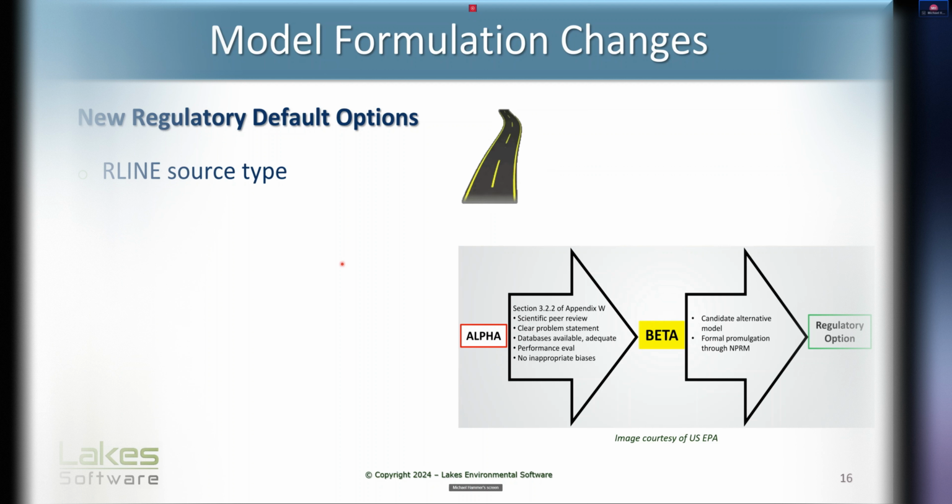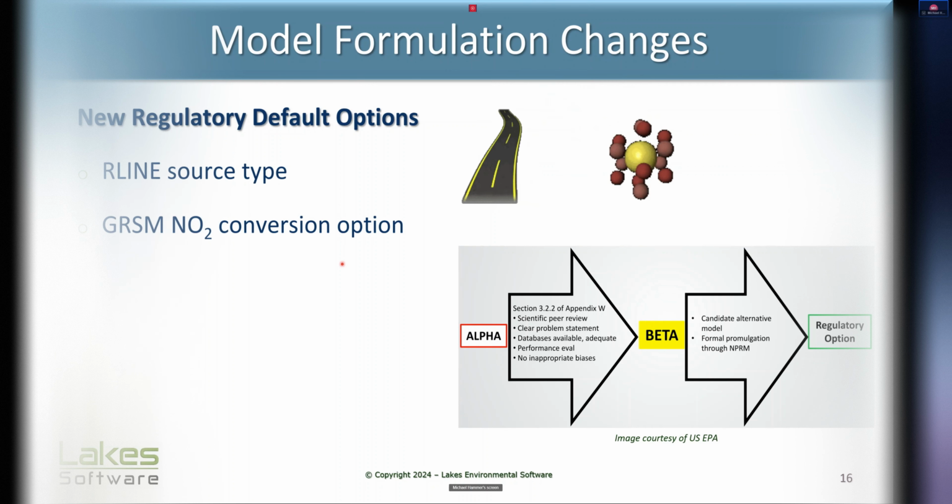as necessary. The second option brought into regulatory default is the generic reaction set method for NO2 conversion. This method was developed by the Cambridge Environmental Research Consultants, or CERC, and it uses chemistry found in the United Kingdom's Air Dispersion Modeling System, or ADMS.